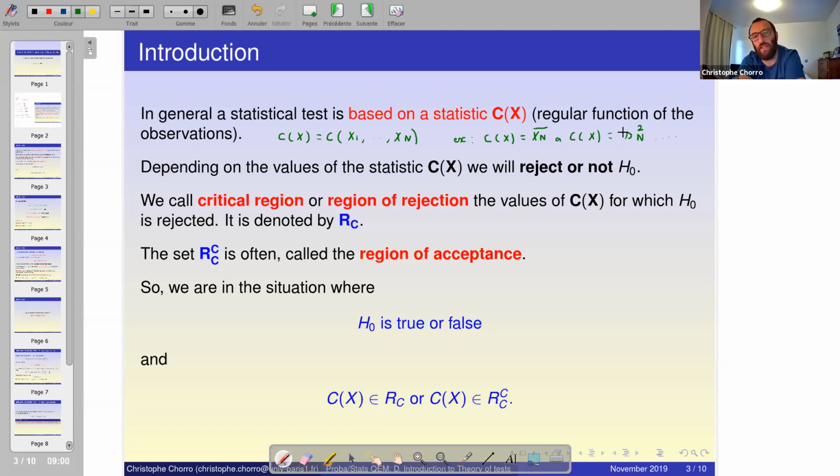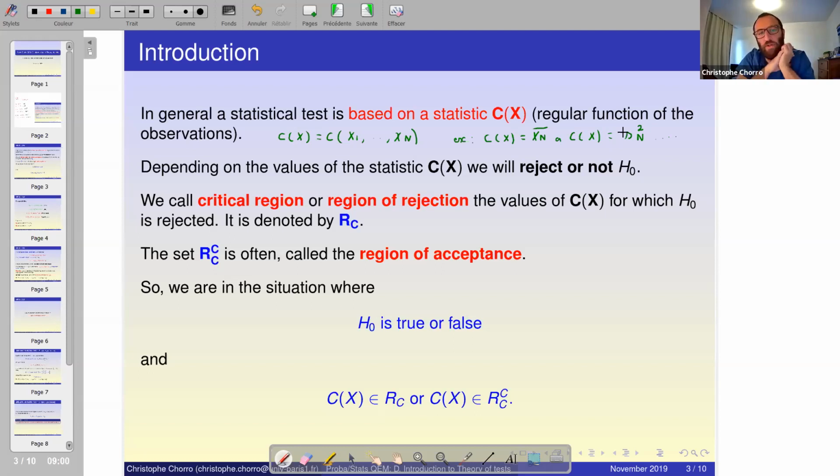And in fact, how we are going to build our rational process: the idea is to take a decision to reject or not my hypothesis H0, depending on the value of these statistics. Depending on the value of these statistics, I will reject or not my H0.